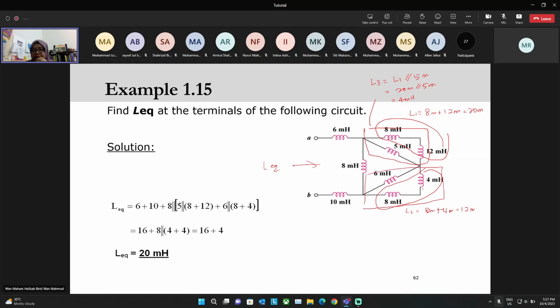Tapi L2 ni, dia ada lagi satu branch yang berkeadaan series ke parallel. 12 dengan 6 ni. Parallel. So, L2 adalah 12 parallel dengan 6 mili.